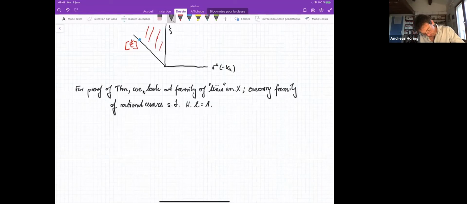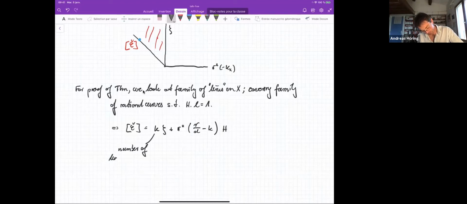So we have K times zeta plus pi star R over D minus K, times H, where K is the number of lines through a general point. There are finitely many of these lines through a general point.